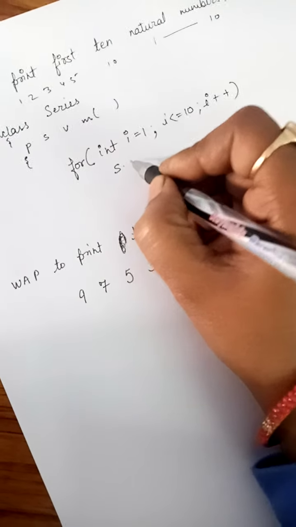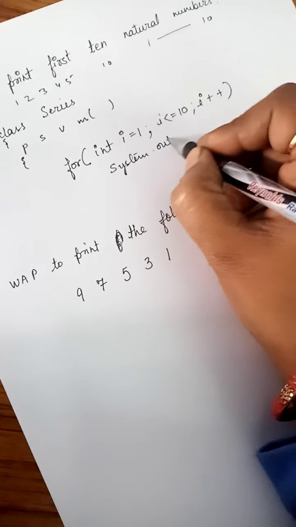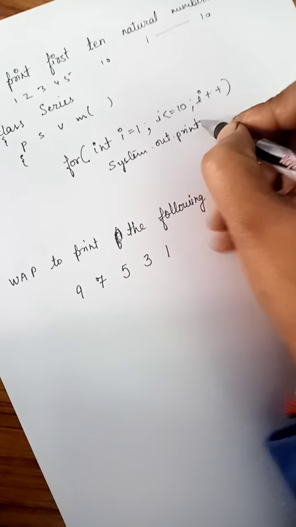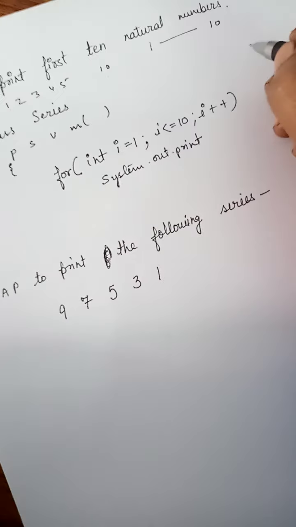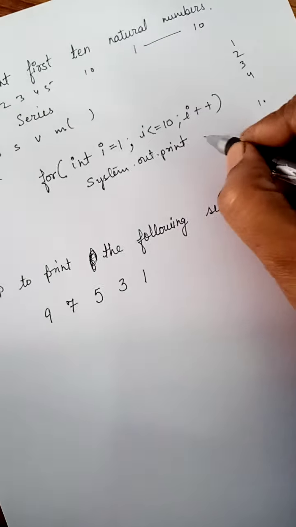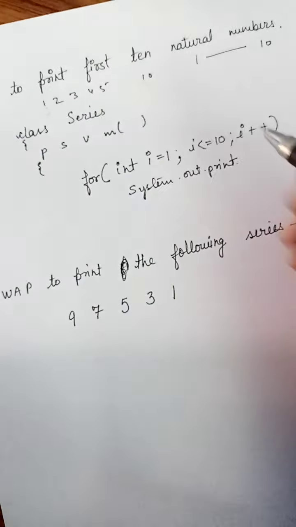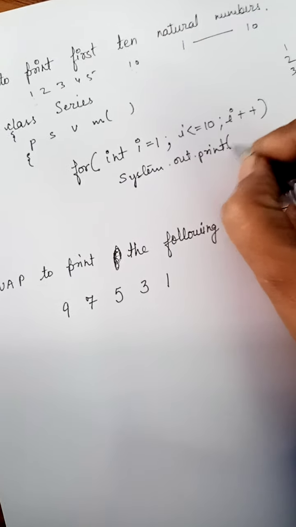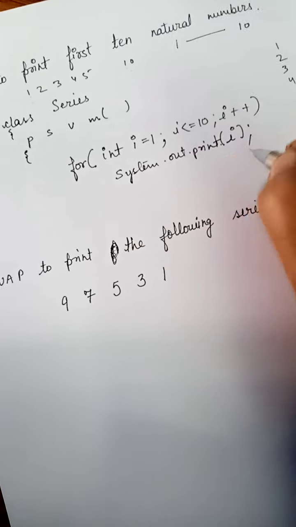What we have to print within this: System.out.print. If you have to print in the same line, you write print only, and if you have to print like 1 2 3 4 on separate lines, then you need to write ln also. Here I am not using ln. So print I, the value of I.